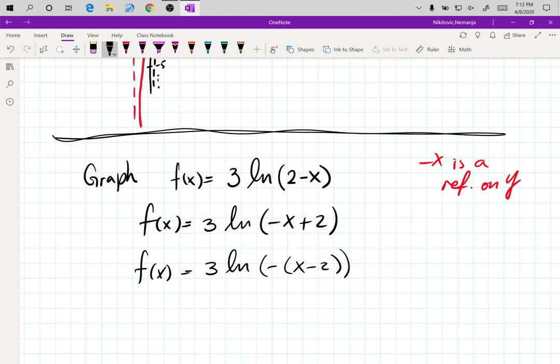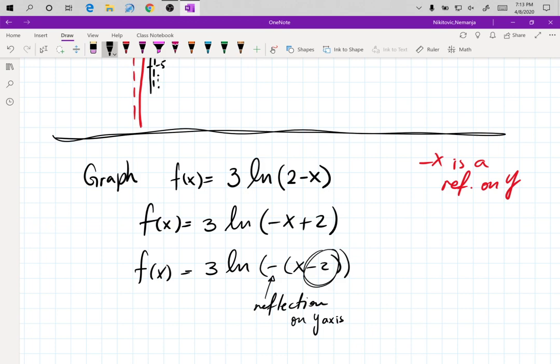All right, so the number 3 is a stretch. So functions that look like this would now look like that, right? Because it's times 3 for every y value. But this is what is important: reflection on the y-axis.